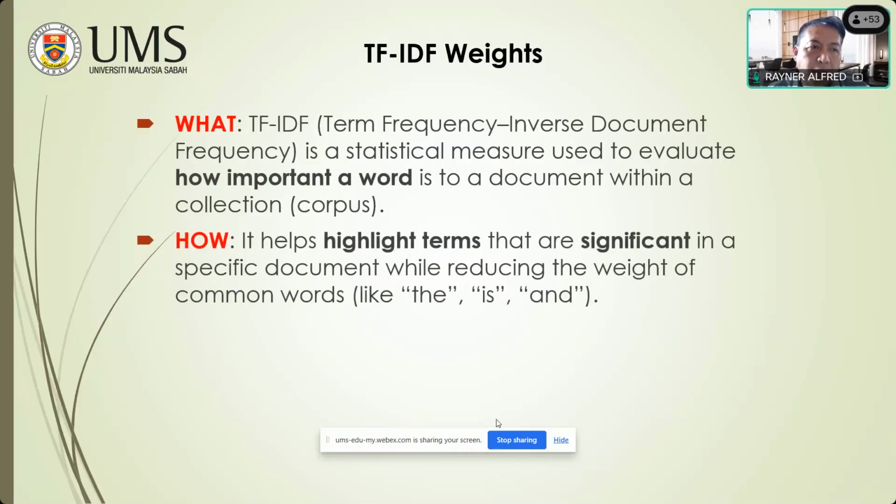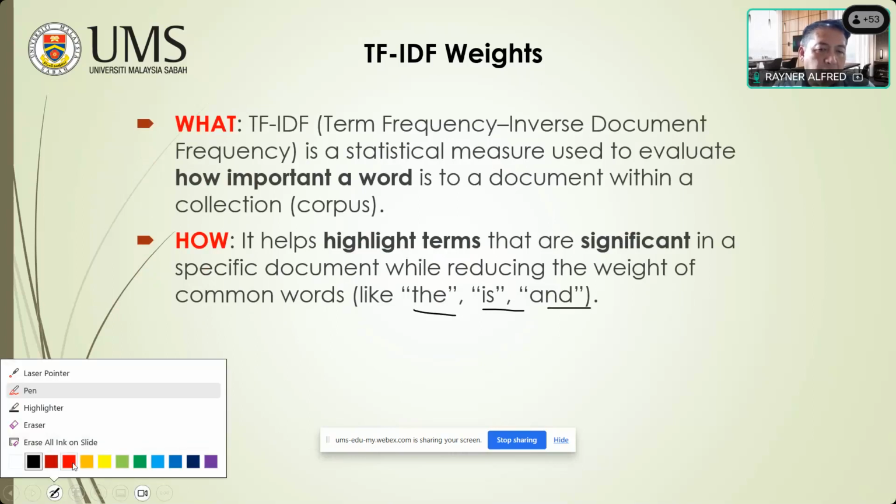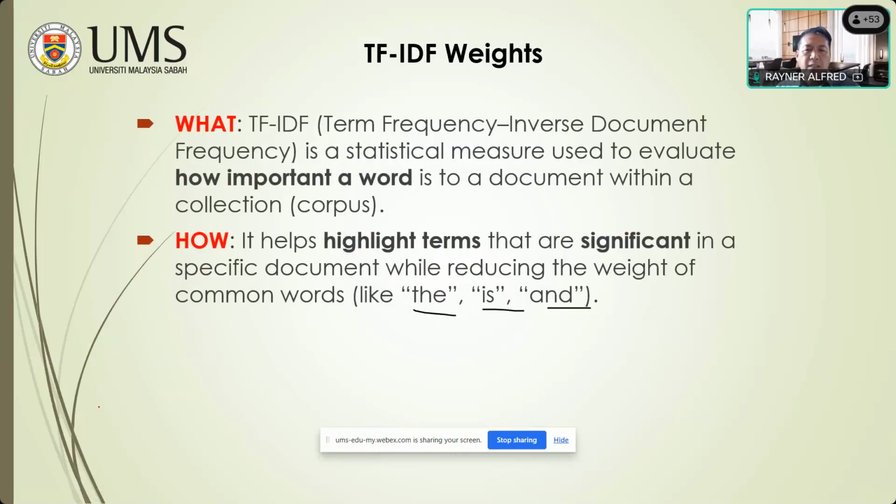Those terms that occur very rarely can be used to differentiate documents, but those terms which often occur in the document, for example, the, is, and, this, occur almost in every sentence or every paragraph or every document.